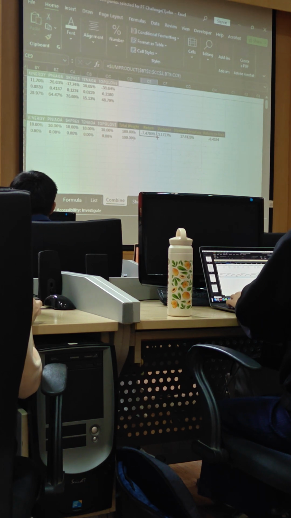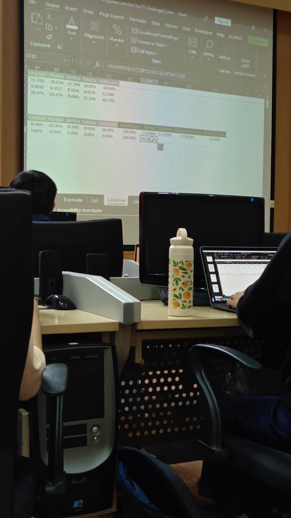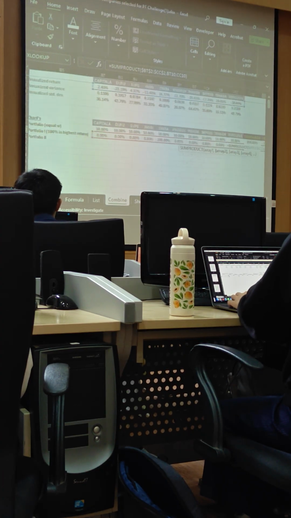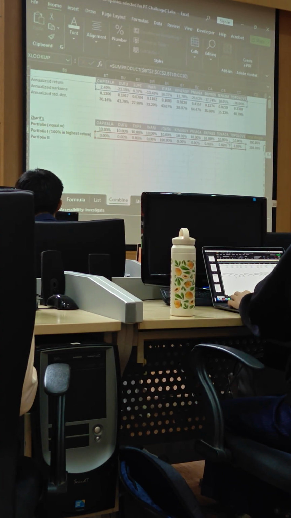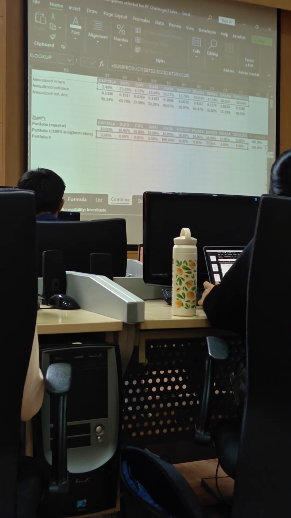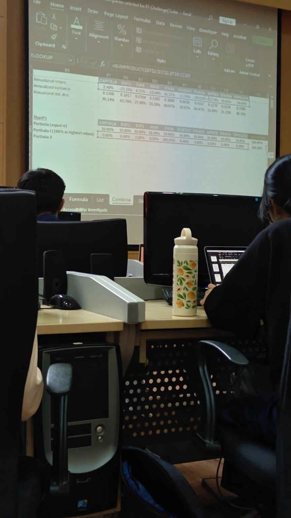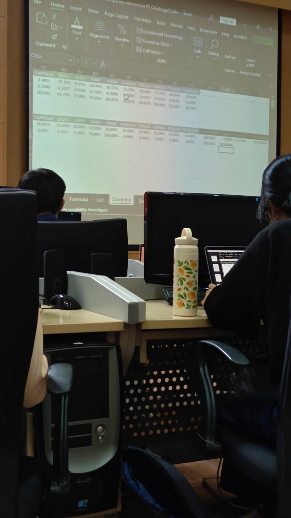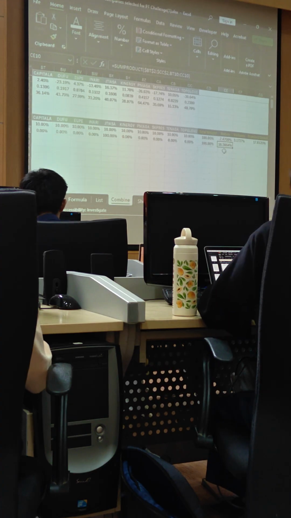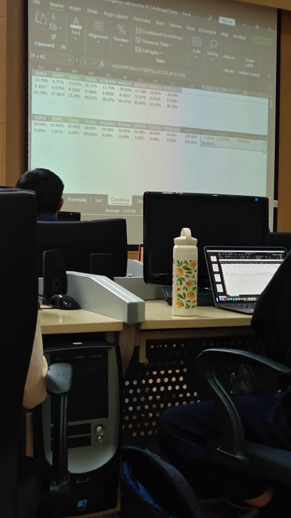Return is what we have done before this. Double click this, check. Make sure that when you drag the formula, only this yang turun. The weight turun tapi the return maintain. Okay? And we got 16.3664.